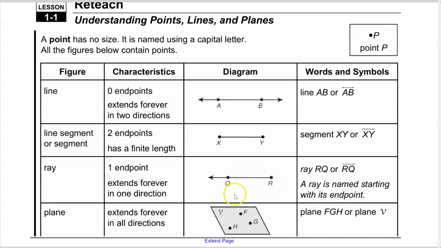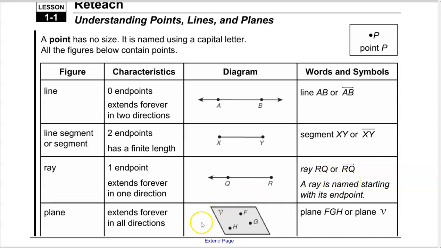To name the ray, you say ray RQ or RQ with a line with one endpoint and one arrow on it. A ray is named starting with its endpoint. So it has the one endpoint, starts with R, and you can use any other point on that ray for the second one. Here we only have Q, so we're just going to use Q. So this is ray RQ.